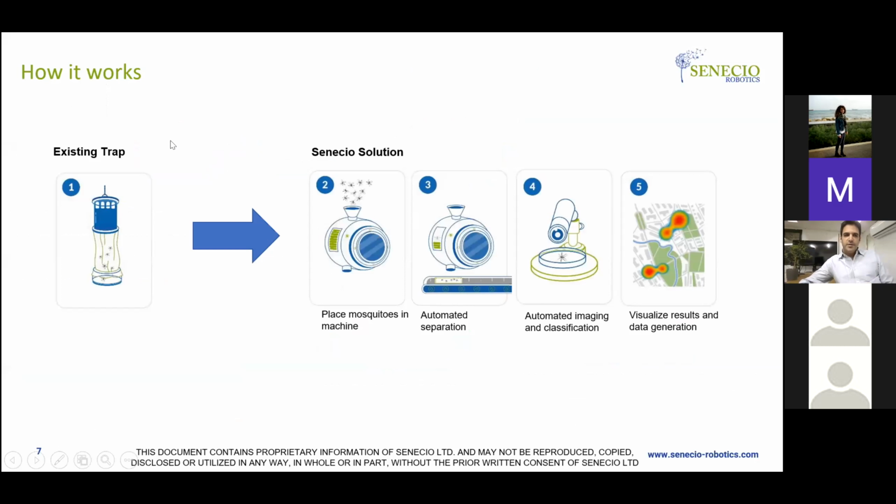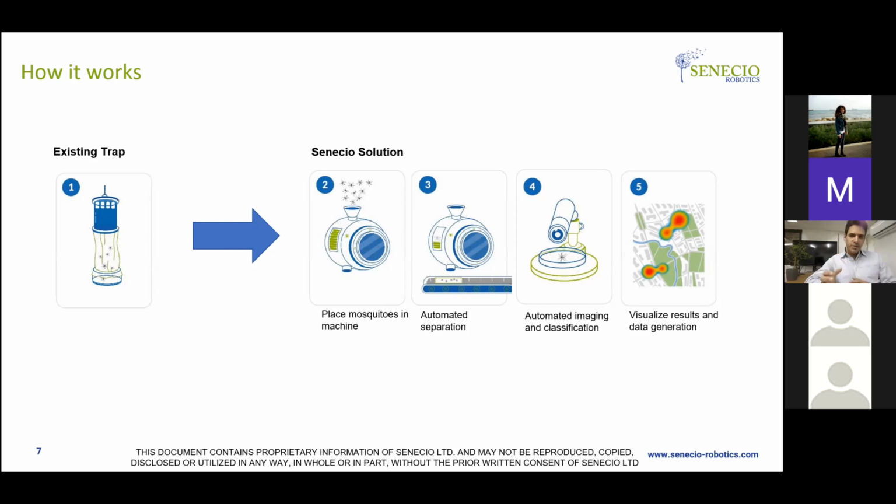So let's discuss how the process works. We are integrating our solution into the existing process. You take your existing traps and bring them to the lab, through the conveyor into the machine, which then identifies the common mosquitoes and performs pooling for the ones that it identified.